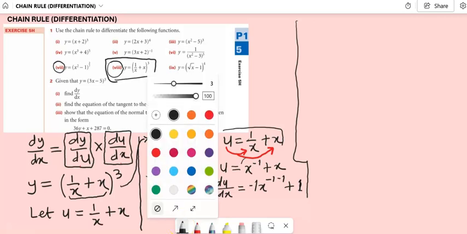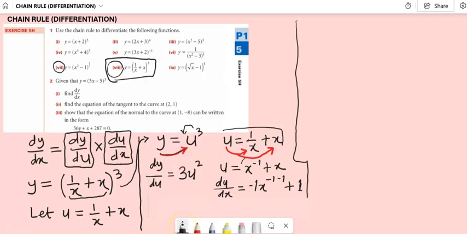In this case, right now, my dy du is already equal to 3u raised to the power of 2, as we have right here. And my du dx is also equal to -1 x raised to the power of -1 minus 1, which is -2, then plus 1.